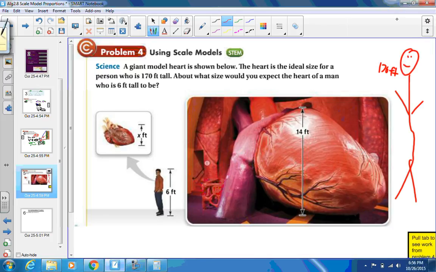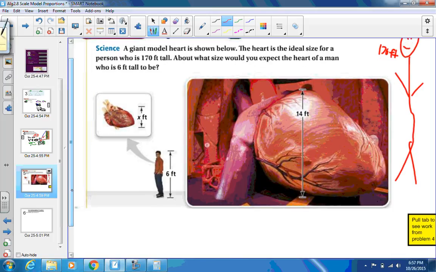So that 170-foot tall person has a heart that would be 14 feet tall. So it says, about what size would you expect the heart of a man to be who is 6 feet tall? So we have to compare here, to make our own proportion. So I'm going to have you figure that out. And what would the size of the heart be?